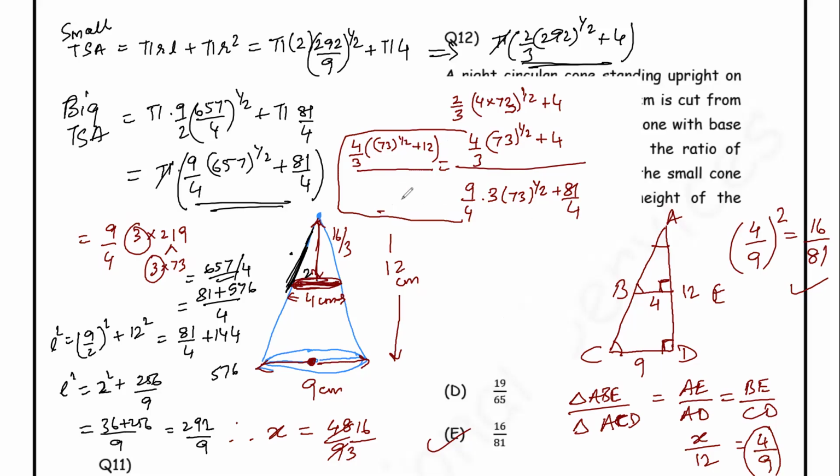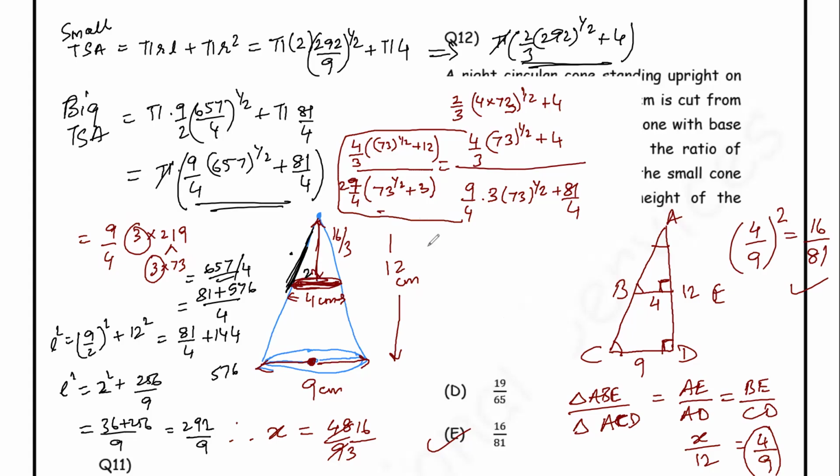Yeah. Okay. And out here, I can take out 9 over 4 outside. And I have, in fact, 27 over 4. I can take out 27 over 4 outside. Yeah. Then I have 73 raised to half. Right. And out here, 3 by 4 inside. Right. So 3 only inside.